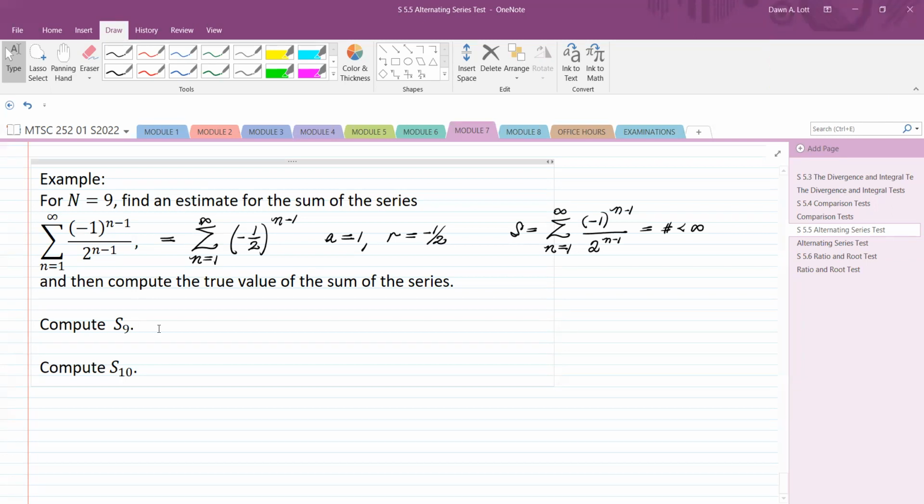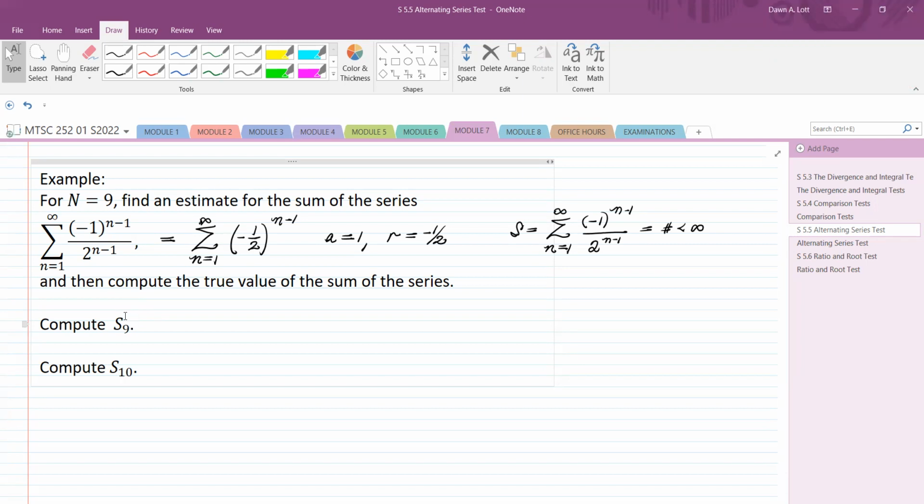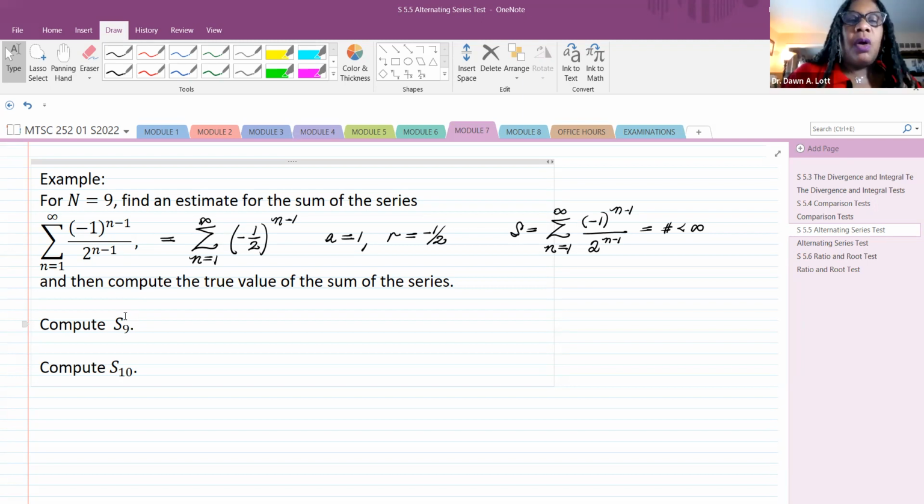Because it is based on the absolute value of r, and since it is less than 1, it converges. Good. Okay, did you get that, Malcolm? So the geometric series converges when the absolute value of r is less than 1. And the absolute value of negative a half is a half, which is less than 1. So that series is going to converge.